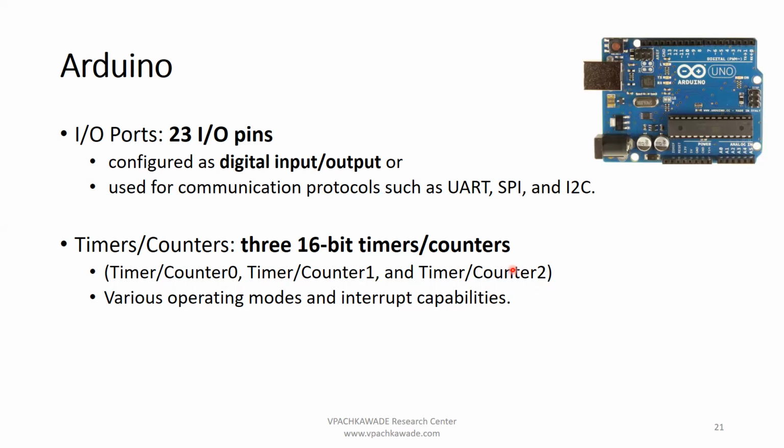Remember, as I explained in the previous module, when we write a program, we have to perform some operations in which we have to introduce some delay. For example, I want to light an LED with a gap, 1 second on and 1 second off. That's the timing.